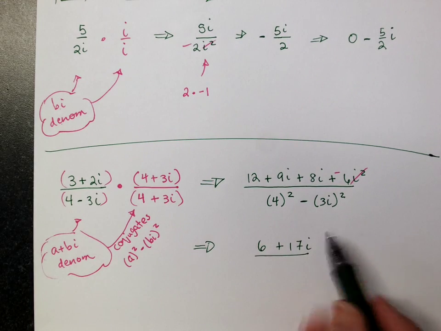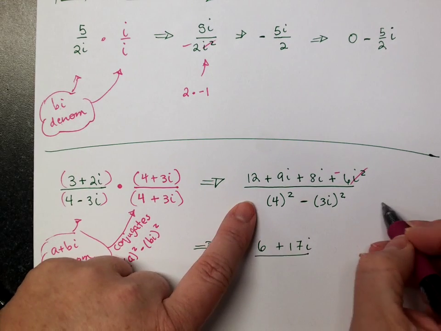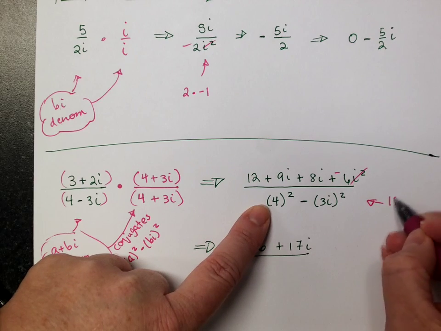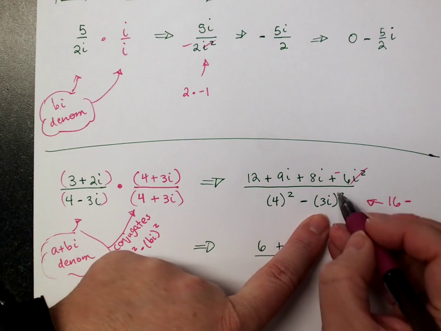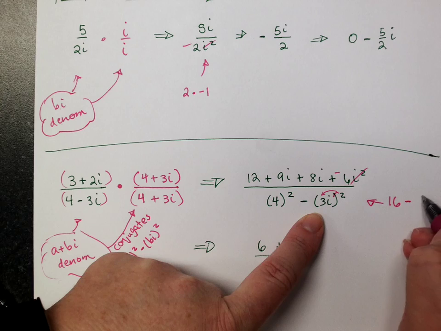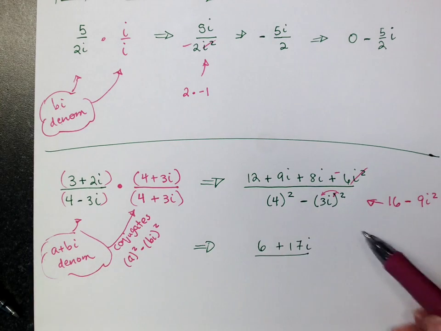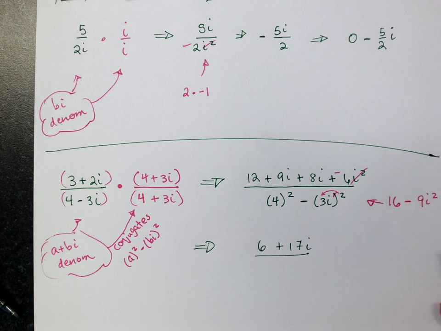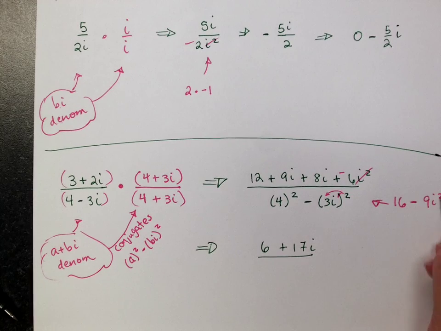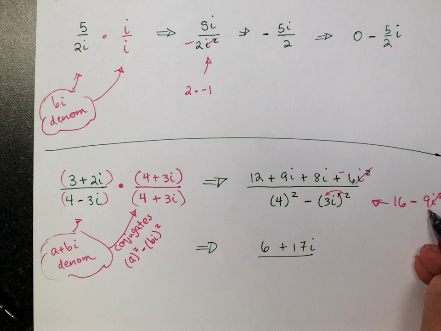And on the bottom, we have 16 minus, don't forget, 9i squared. That square belongs to both. And that i squared becomes? Sorry?